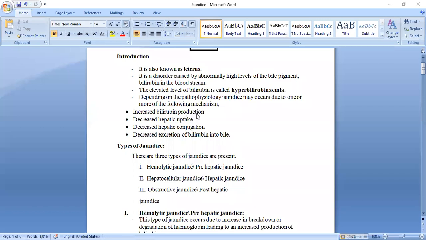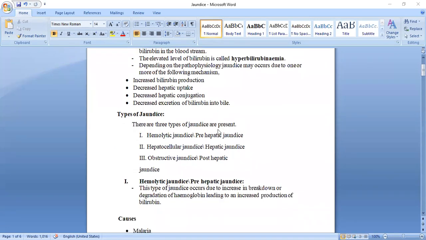There may be an obstruction. We will see that later.